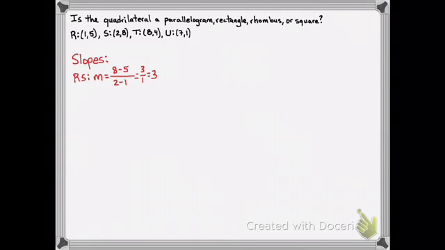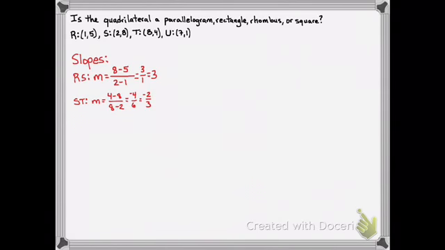Then we move on to ST. Using its y values, I'm going to go 4 first, so 4 minus 8. And then I'll use the x values, 8 minus 2. When I work that through, I get negative 4 over positive 6. I'm going to put on the big boy pants and reduce that to negative 2/3. You should always put on the big boy, big girl pants and reduce. And so we get negative 2/3 there.